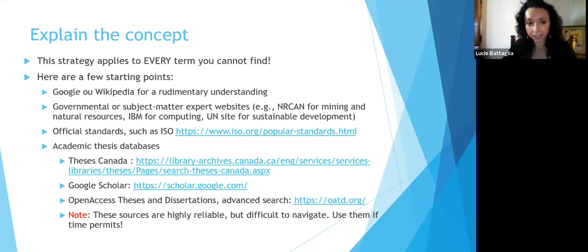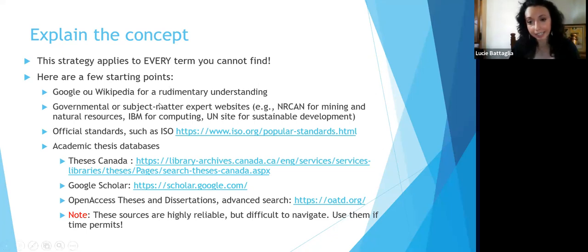They're not the be-all, end-all. Once you've gleaned a first explanation, you want to go to more legitimate sources, such as government or subject matter expert websites. We talked about mining and natural resources earlier. You have NRCan, which is the ministry just for that. Their site is quite complete, full of information.